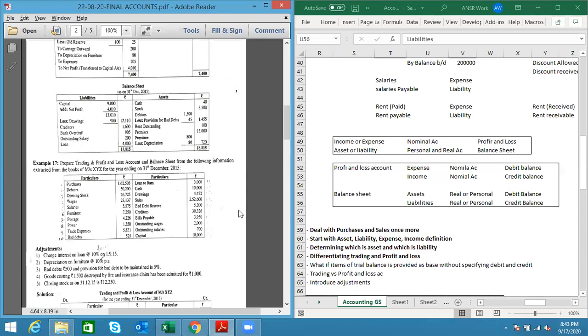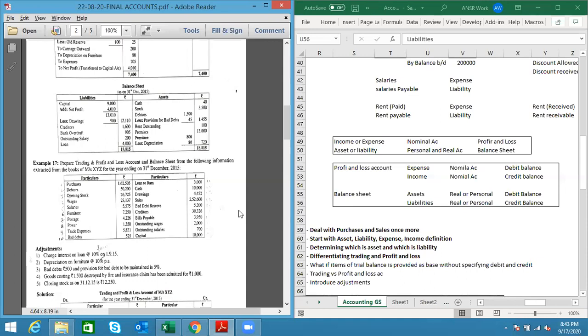So after this, a lot of other terms also came in. Something called provision also came in. A provision can be a prefix for a lot of expenses: provision for salary, provision for rent, provision for bad debt, and so on and so forth. So what is the concept of provision?